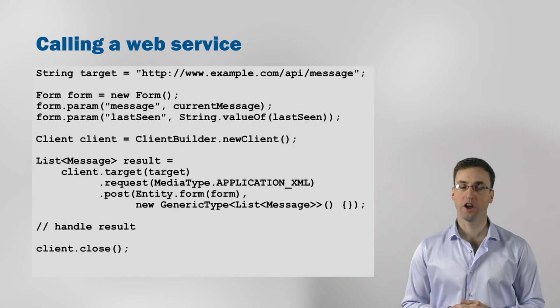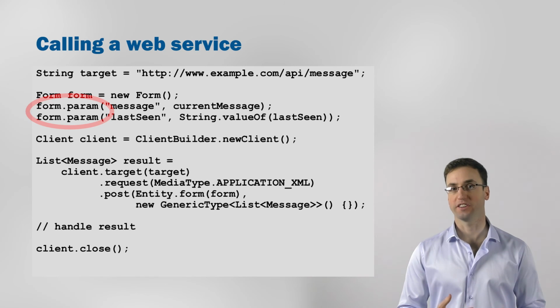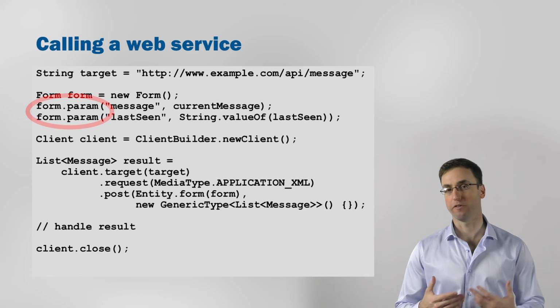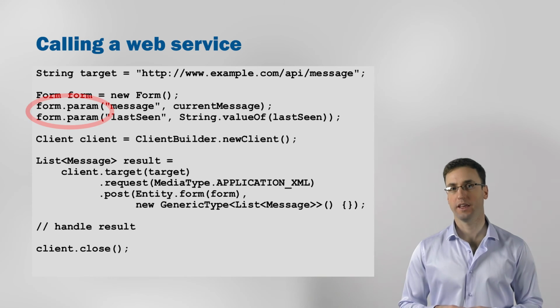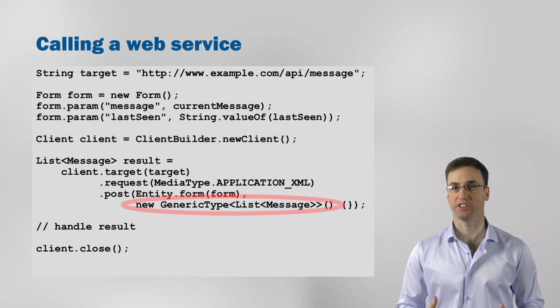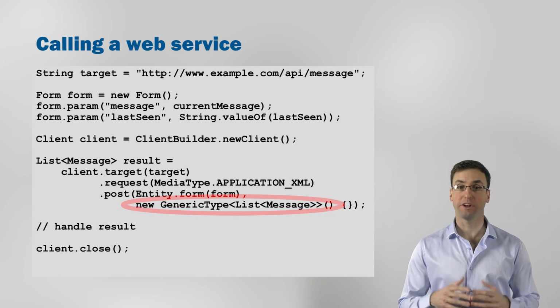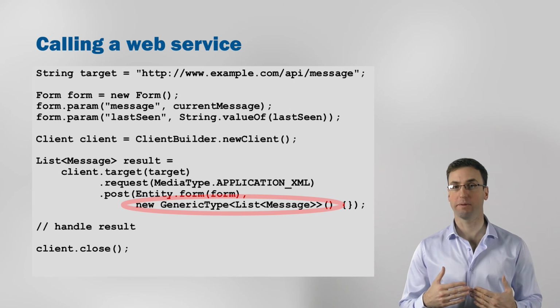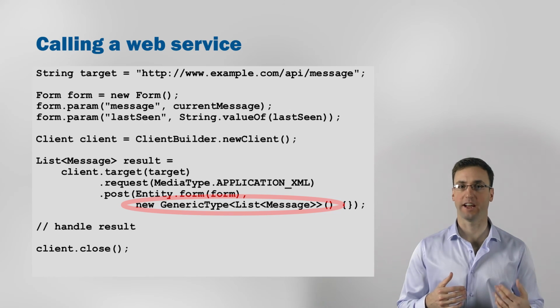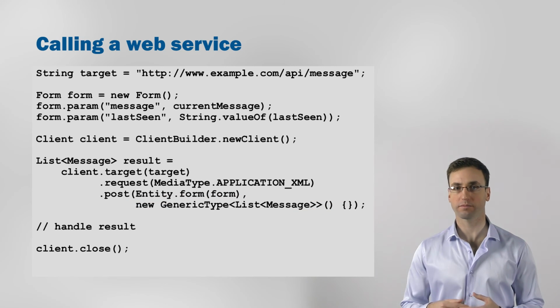In this example, I'm encoding some form parameters. These parameters are sent to the server using the standard HTML form URL encoding. In the post request, I've specified that the result should be a list of messages. This is unfortunately a little bit complex, but you can just remember it as a trick that needs to be used when you tell the JAX-RS client to return a list of objects rather than just one object.